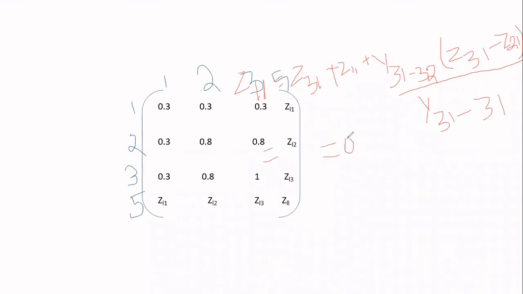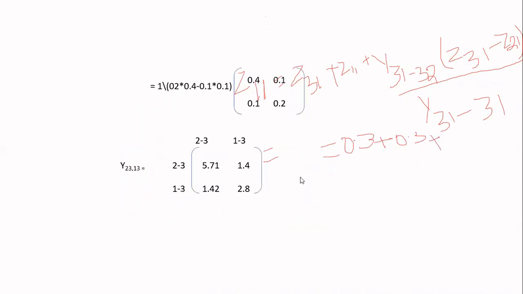Substitute Z31 is 0.3 plus Z11, which is 0.3, plus Y3132. That will be obtained by using this matrix, Y3132, which is 1.42.